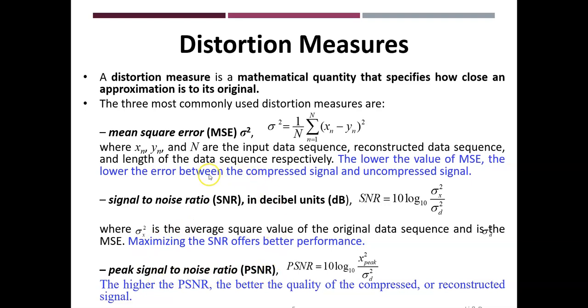For MSE, the lower the value, the lower the error between the compressed signal and the uncompressed signal. For SNR, the higher the value, the better the performance of the algorithm. For PSNR, the higher the value, the better the quality of the compressed or reconstructed signal. What does this mean? We will go through an exercise after this on how to read it.